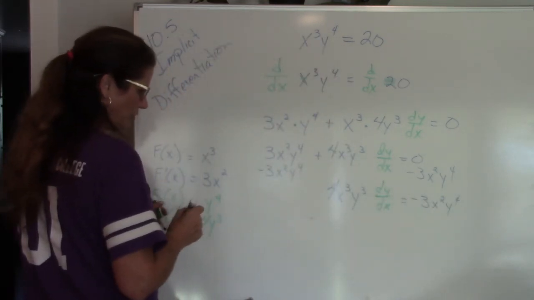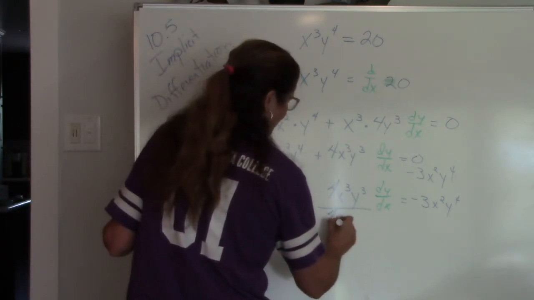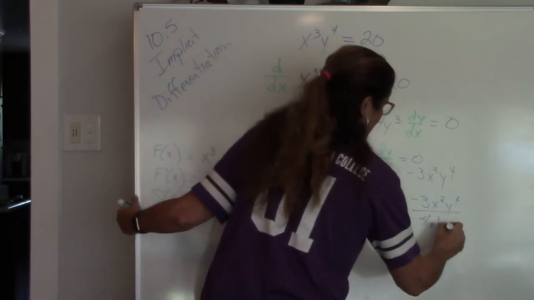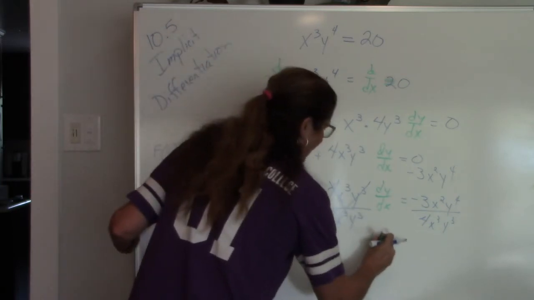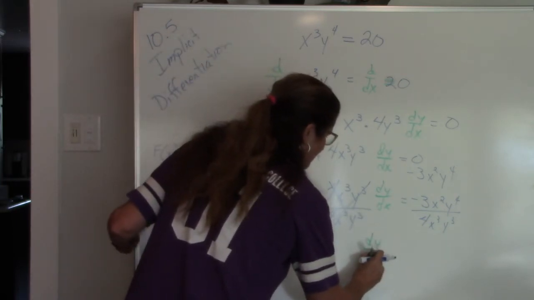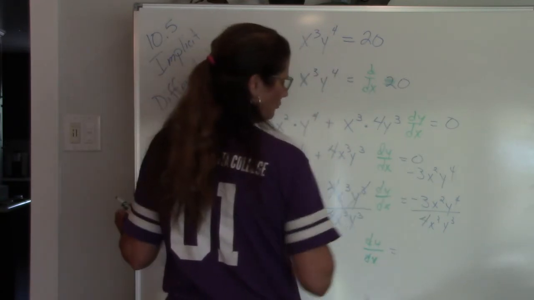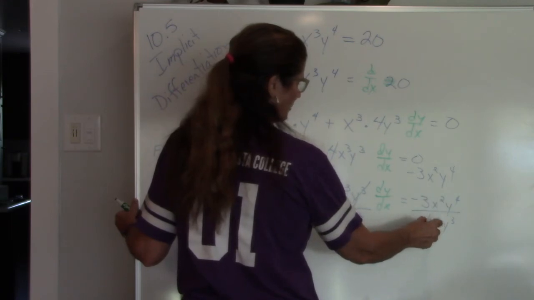And now I'm going to solve. I'm going to divide both sides by 4x cubed y cubed. Those cancel. So I end up with dy dx equals negative 3 over 4, nothing I can do, x squared over x cubed.